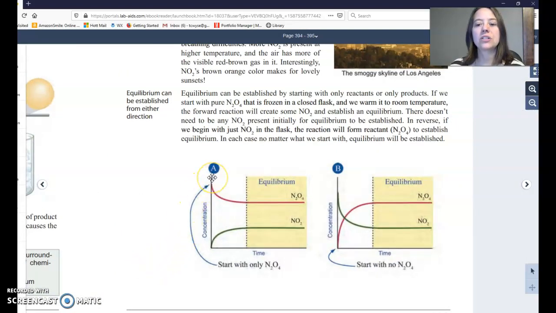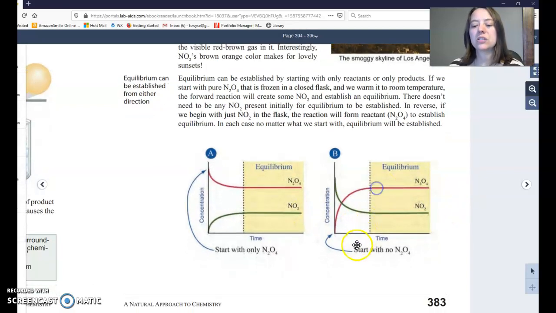So if we are to start with only dinitrogen tetraoxide, we see that the concentration of the reactant will decrease and then it will level off. And then the concentration of the product will increase and then it will level off. If we started off with no dinitrogen tetraoxide and all nitrogen dioxide, we can see that the reverse would happen, but the product would be the same.